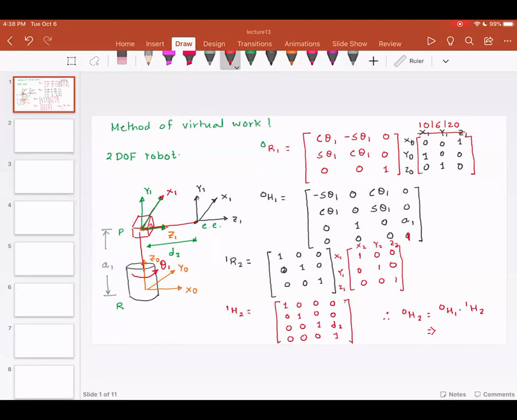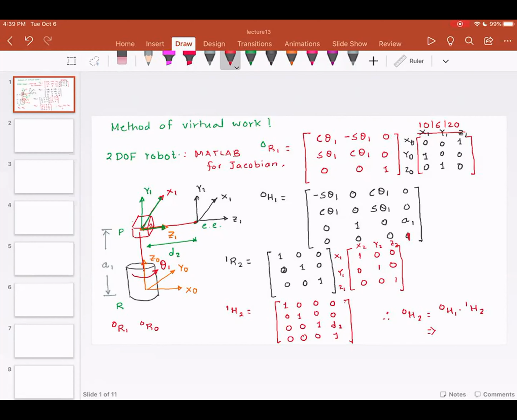Since we are going to use MATLAB to solve for the Jacobian, it might be a good idea to have the 0R1 and 0R0 matrices already determined.